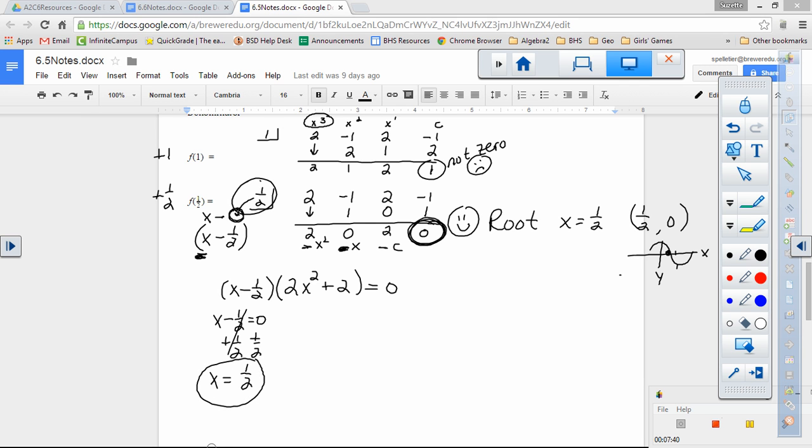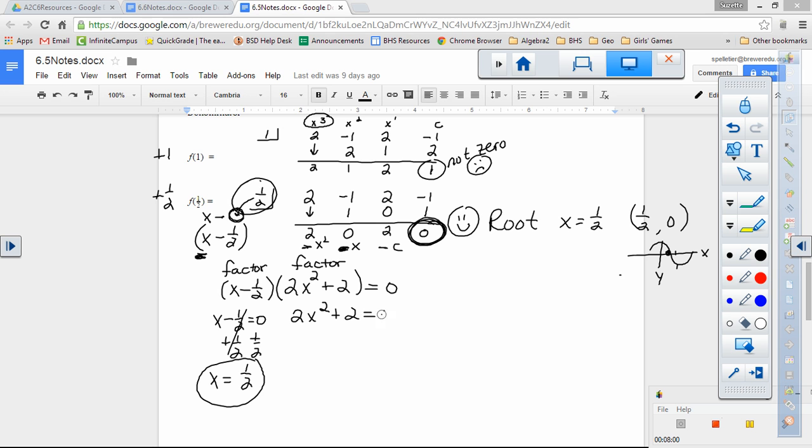So you can just kind of drop down here to x equals 1/2. I just need you to understand that that is actually a factor, right? We're factoring that polynomial. This is also a factor. But this factor, this second one, is now a quadratic factor, which I'm comfortable doing because we've just studied quadratics.